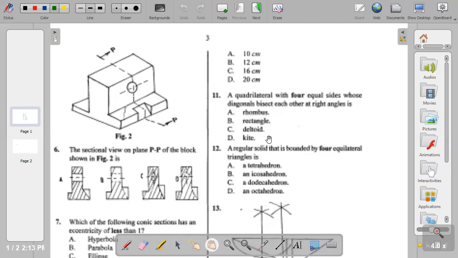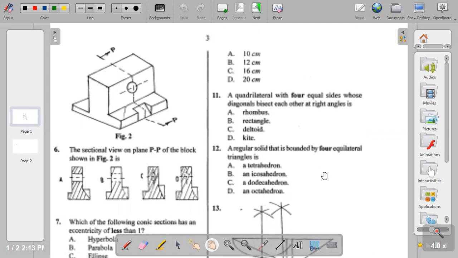The parallel sides are equal, and the opposite sides of a rectangle are equal. Then for a deltoid, the adjacent pairs of the sides are equal, and deltoid is the same as a kite. So to question 11, the answer is option A.